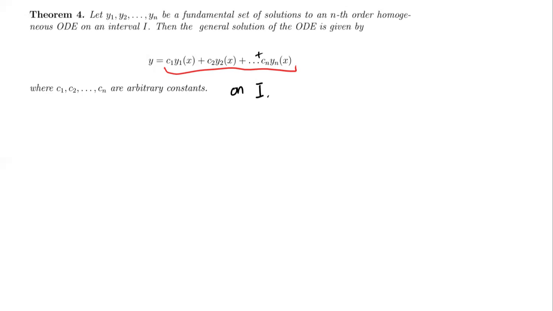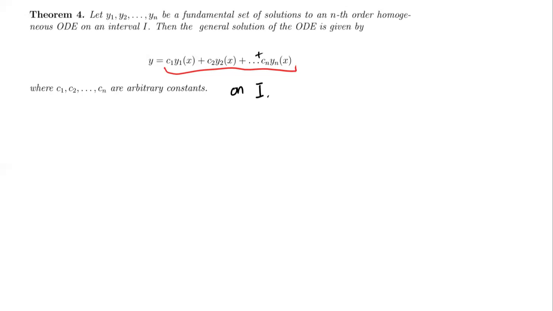We know how to do it for linear first order ones, I use integrating factor. But what if we had homogeneous second order and higher ODEs? Well, what this theorem is telling us is what we have to do is find linearly independent solutions on some interval. Once we find enough linearly independent solutions, namely as many linearly independent solutions as the order of the homogeneous ODE, then we're done. We know what the general solution is because it's going to look like that, what's underlined in red on the interval I.